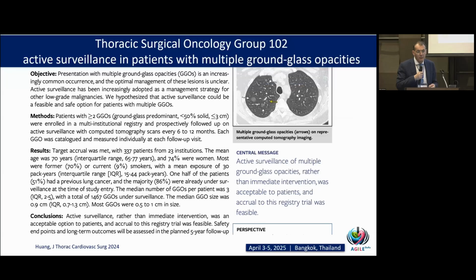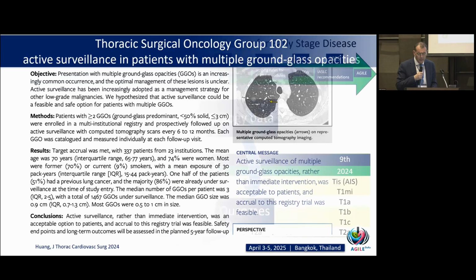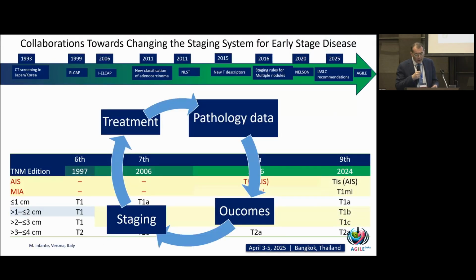Whether this is safe is going to be explored in a number of observational studies. This is one, but there are more in Japan underway. So, as I said before, there is a collaboration between surgery and low-dose CT screening in order to get data, to inform and to change the staging system.